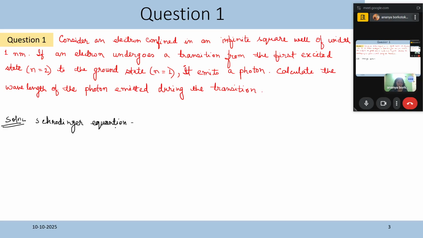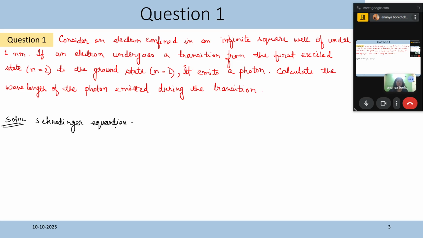So here we are discussing the wave function of an electron, and we solve the Schrodinger equation to get the wave function of an electron or any other quantum particle in a particular scenario.